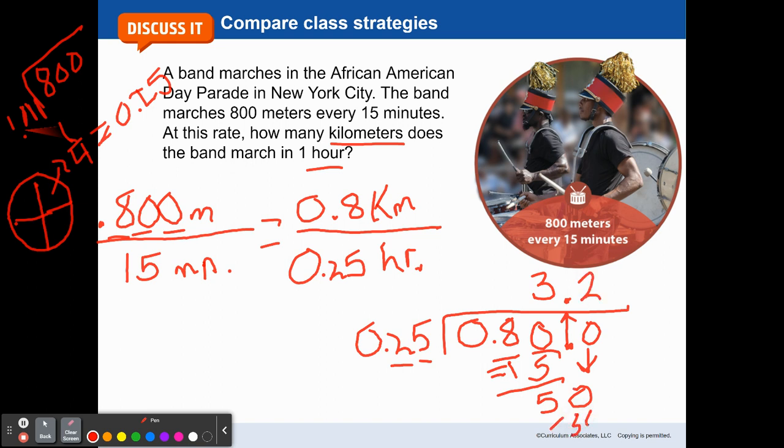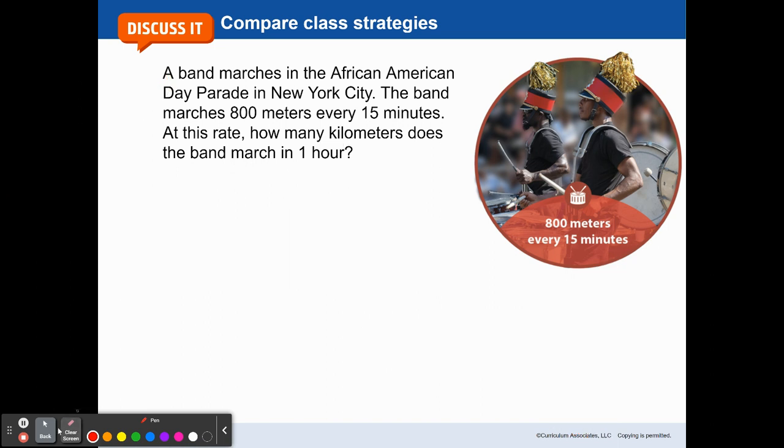So subtract 50. 50 minus 50 is 0. So 3 and 2/10 kilometers per hour. So now I know how far the marching band travels per hour. And there are other ways to work that problem. Get the answer.